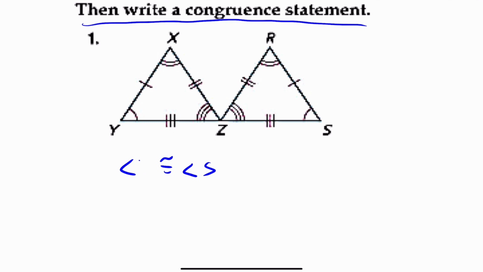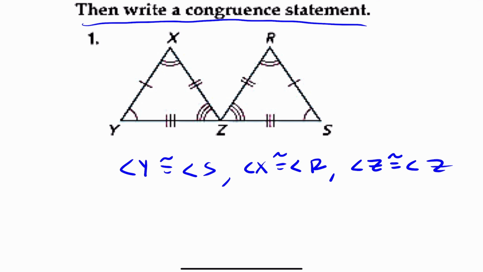I meant to say Y, not X. So Y is congruent to S, X is congruent to R. So angle X is congruent to angle R. And then this one is the tricky one. We can see that these two angles, they share the same vertex, Z. So we know that angle Z is congruent to angle Z.